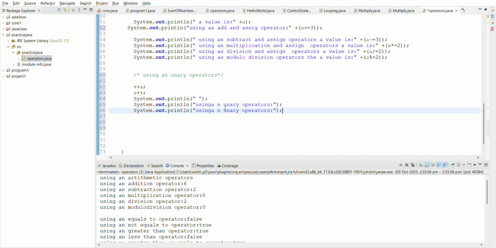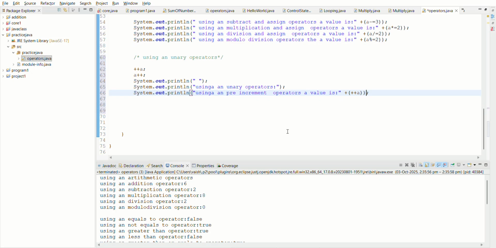So using the pre-increment operator, here we use plus plus a, pre-increment, right?